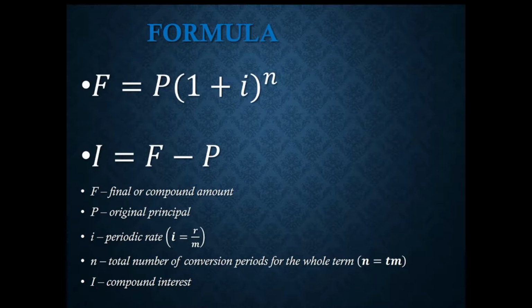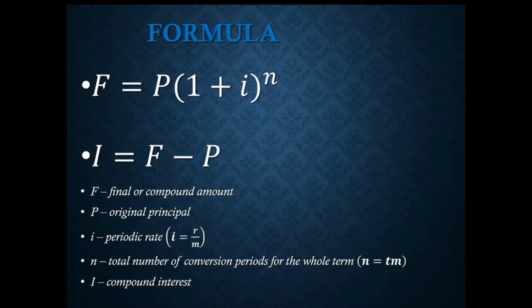Okay, so how are we going to find the different values involved in a given word problem involving compound interest? There are values that you need to take note of, like F, which is the final or compounded amount, or sometimes it's called the maturity value. There will also be the principal P, or the original principal. In some cases, it could be called the present value.